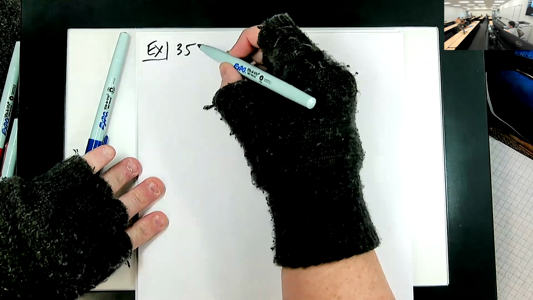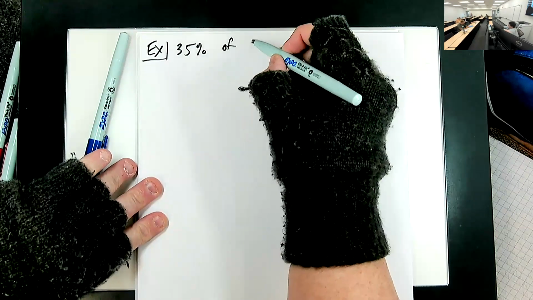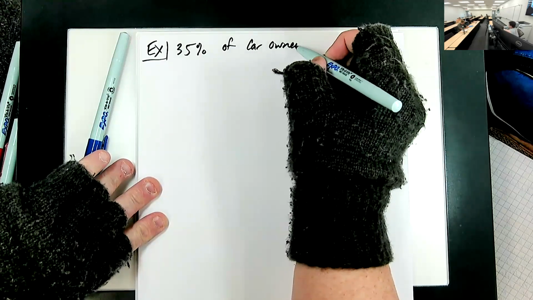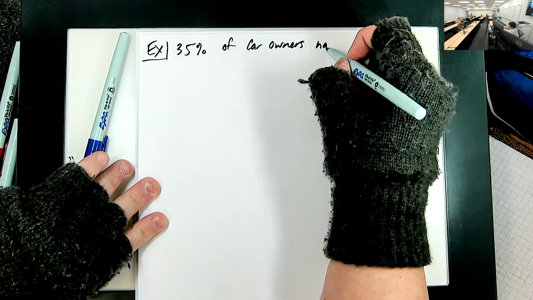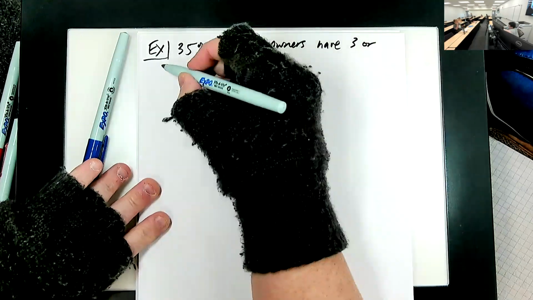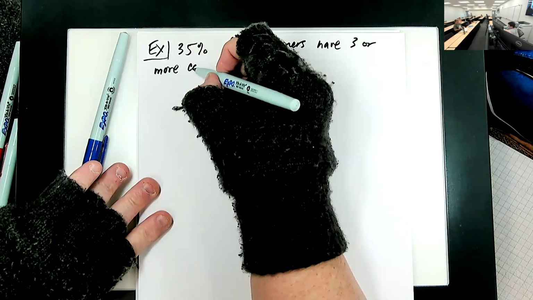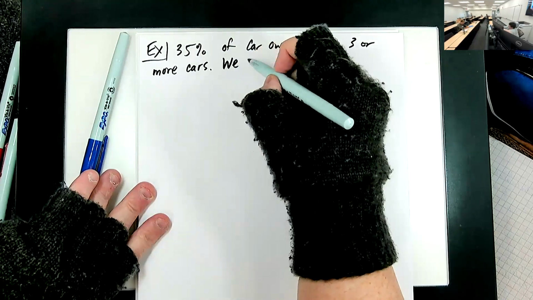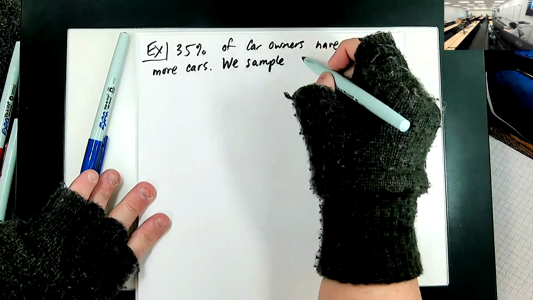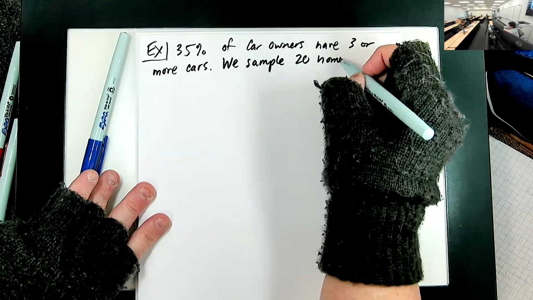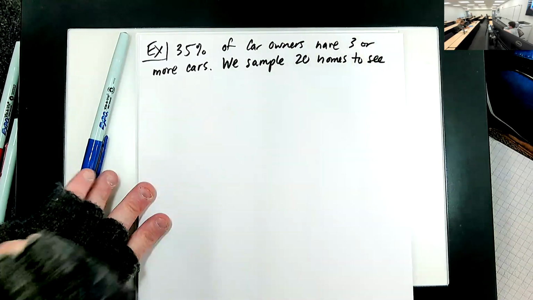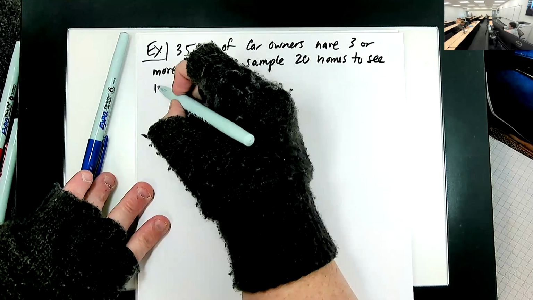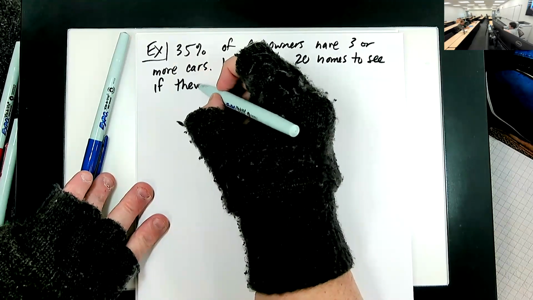So let's look at an example. 35% of car owners have 3 or more cars. We sampled 20 homes to see if they have 3 or more cars.